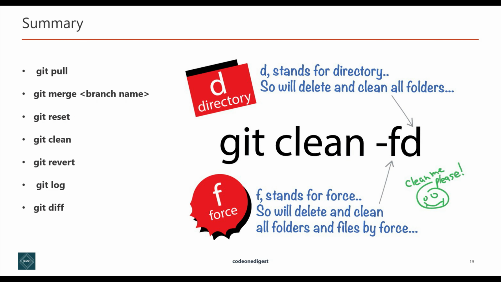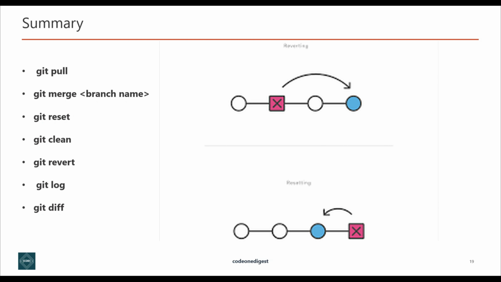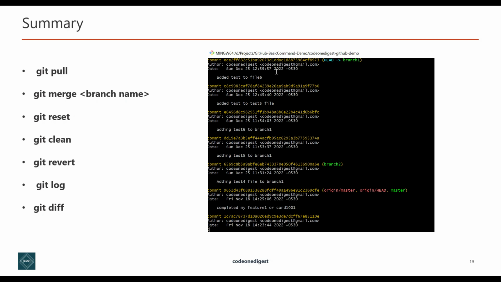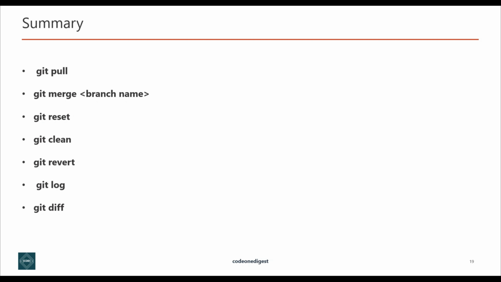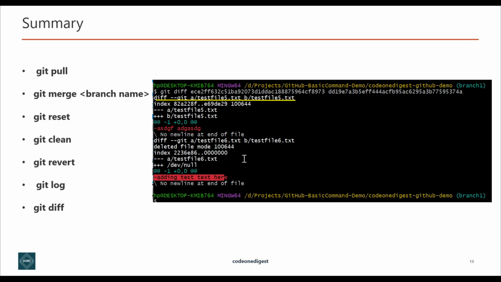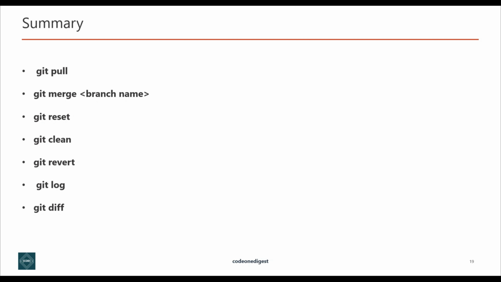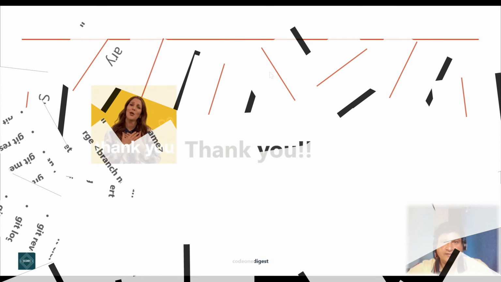Then we saw the git clean command to clean the untracked files in our local repository. We saw the git revert command to revert the previous commit. We also saw the git log command to see a log of our git repository, all our previous commits. Then we saw the git diff command to see a difference between files, commits, and so on.